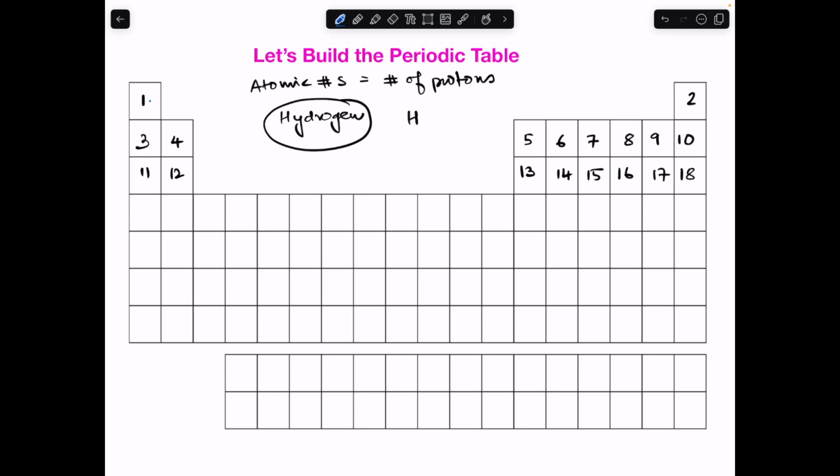So hydrogen is a capital H, and number 2 stands for helium, which is a capital H and a lowercase e.